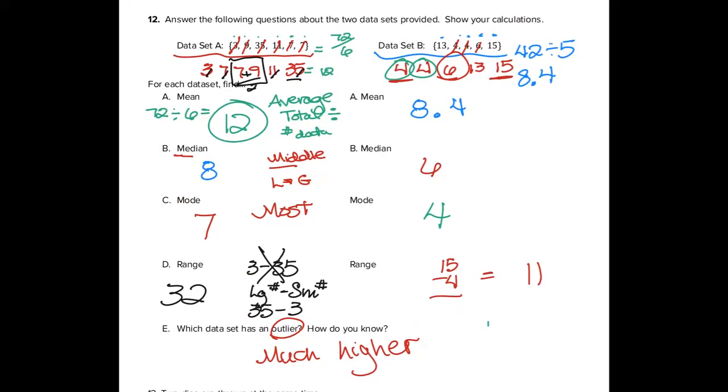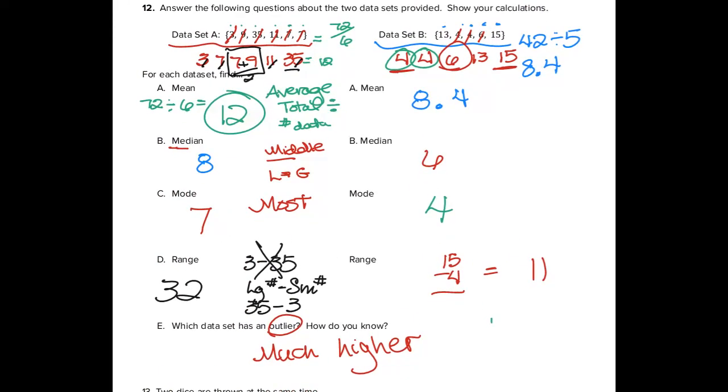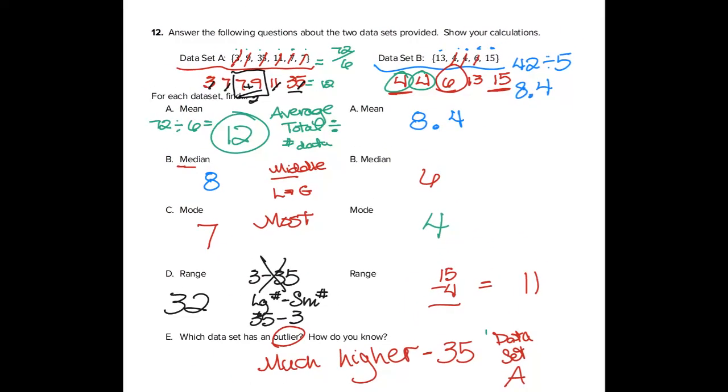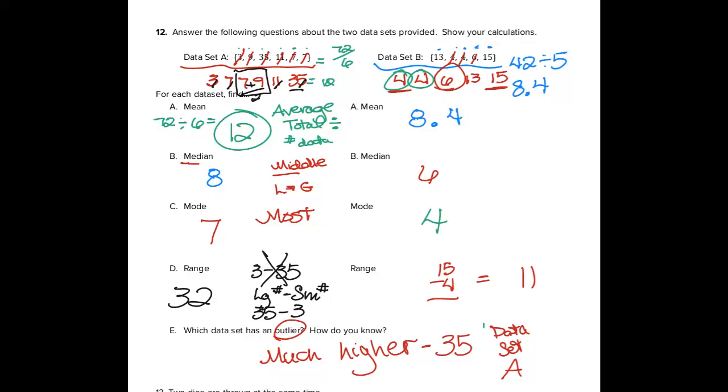In this case, I would say data set A has 35, which is much higher. So data set A. Okay. Questions on number 12?